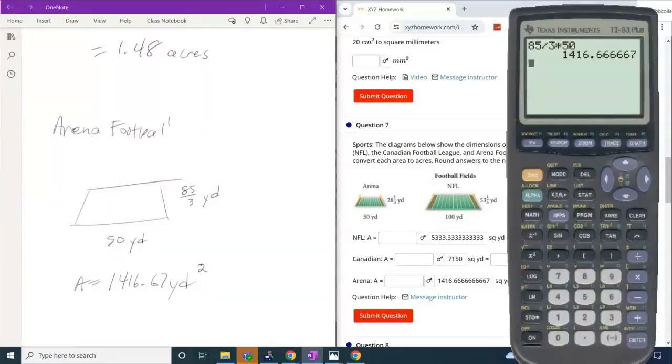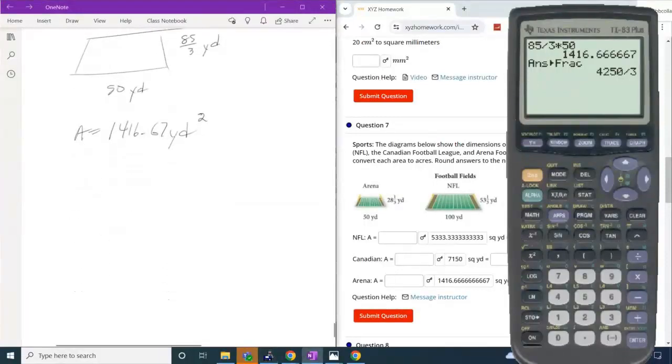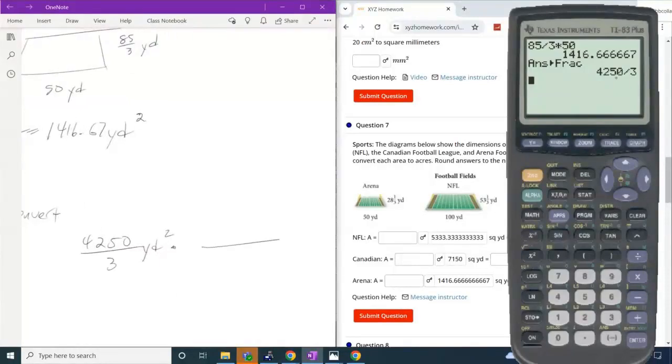Just like I did in the first one, I'm going to convert this to an improper fraction using the calculator. I hit math, I convert that over, and I get 4,250 divided by 3. So we want to convert 4,250 divided by 3 square yards to acres.